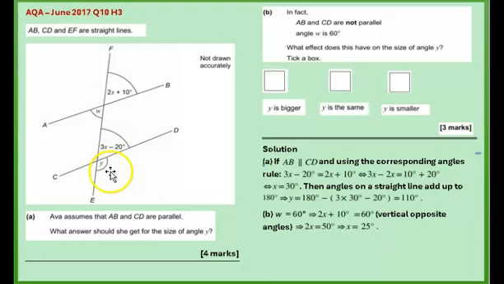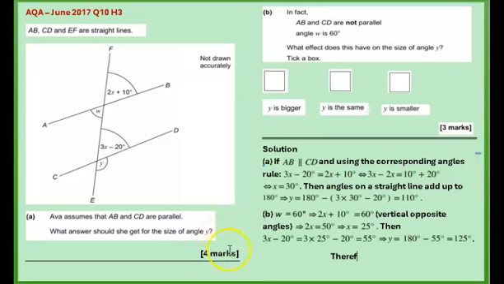We can now find angle y. Again, it's these two adjacent angles which are on a straight line. So to find y, you subtract 3x minus 20 from 180. But in this case, x is 25. Doing that, we get the value of y, and we can tell if it's bigger or smaller.